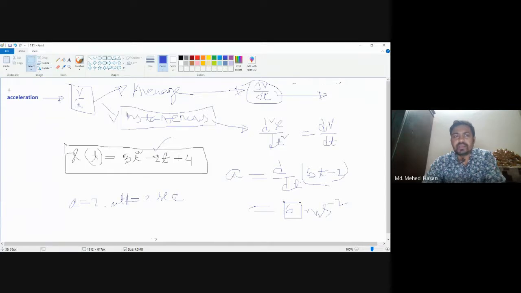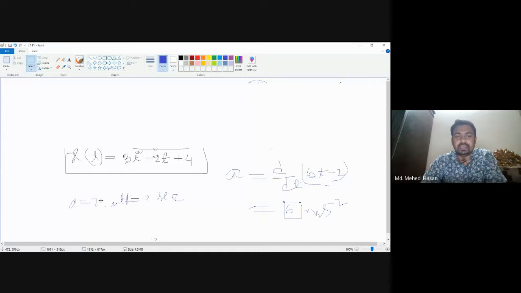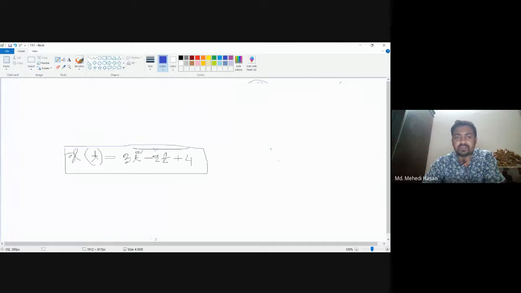Okay. So these are the main topics in case of finding the velocity, acceleration, and displacement of an object given as a function of t. Question will be given like that.